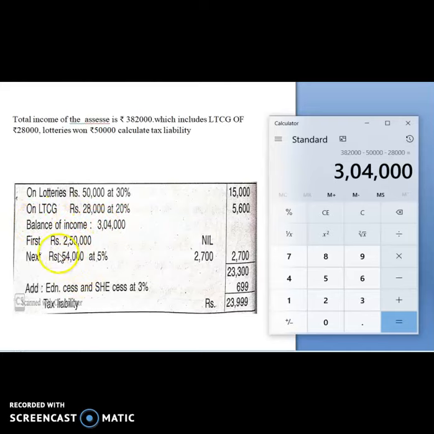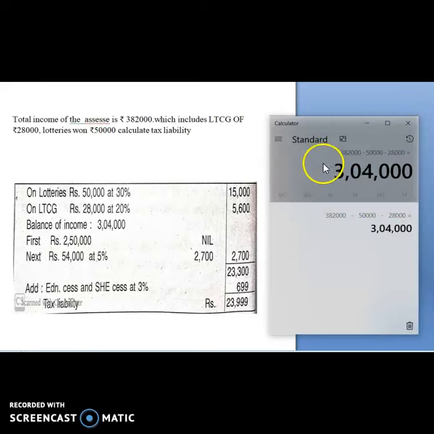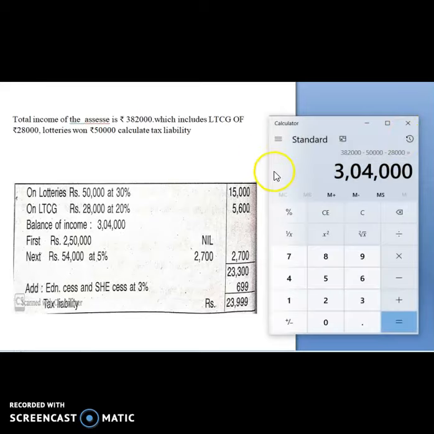Now we are supposed to calculate the tax. It should be clear that on this amount we are levying tax. The first 2,50,000 is exempt from tax, so there is no tax for that.